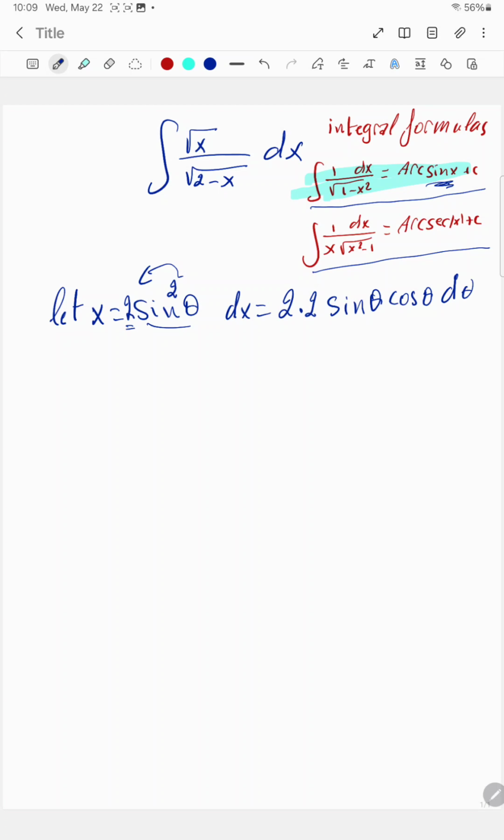Now let's substitute x by its value. My integral becomes square root of x, but we said x is equal to 2 sine squared of theta, divided by square root of 2 minus 2 sine squared of theta d theta.